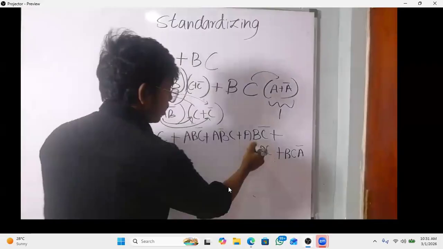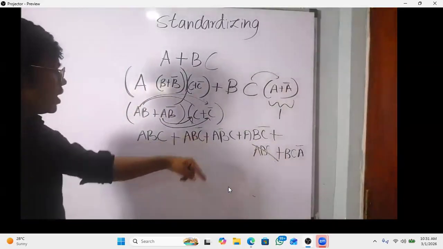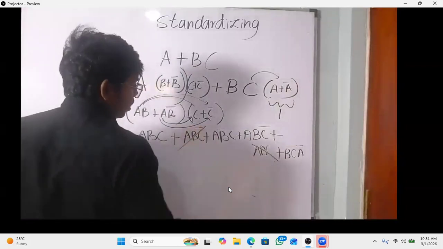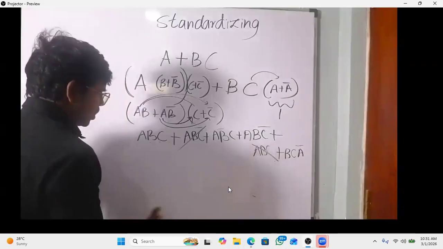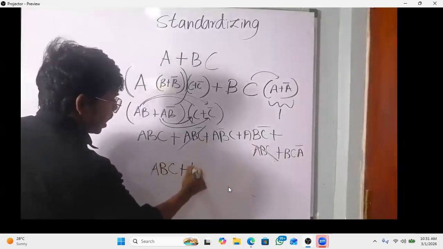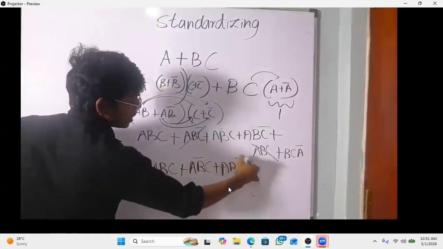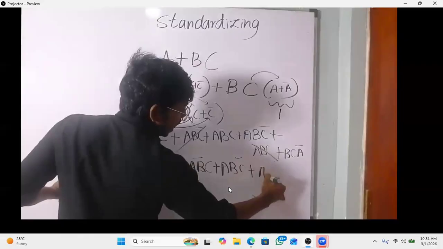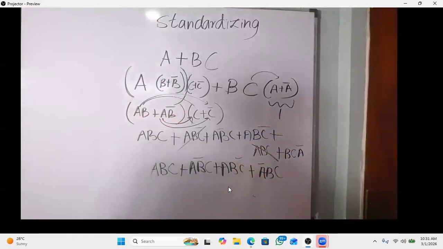You can cut this one. Any other repeated terms? ABC bar, see, you can cut one. You can keep one. Nothing else, and your final answer is ABC plus AB bar C plus ABC bar plus A bar BC.